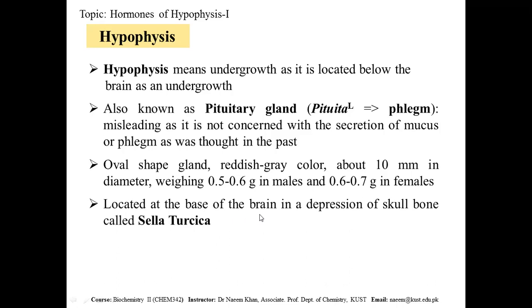It is located in the brain in a depression of the skull bone, and that is known as the sella turcica. It is actually a depression of the skull bone in which this gland is located.